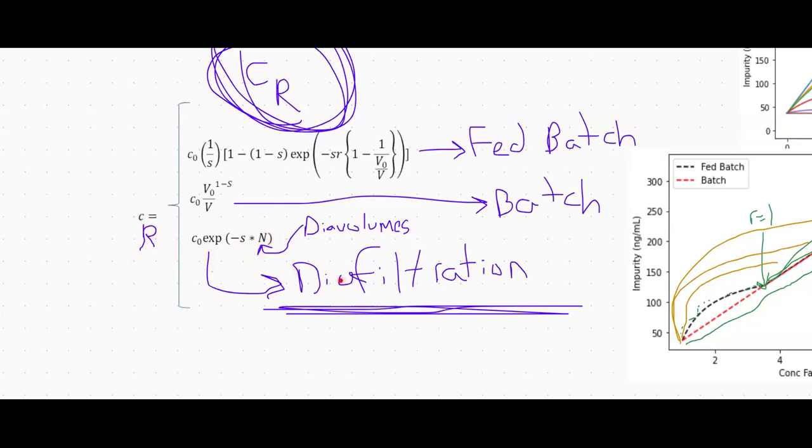And oftentimes it's going to be extremely close to the mass balance values that we just went over.